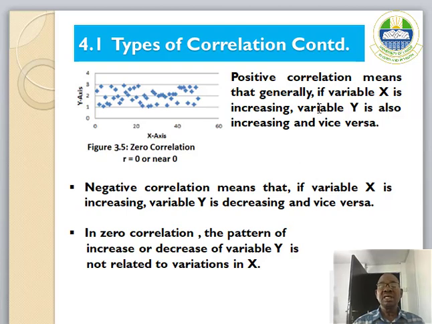We can examine the data without plotting a scatter plot to get an idea of the type of correlation we have. In a zero correlation, the pattern of increase or decrease of y is not accounted for by increase or decrease in x.